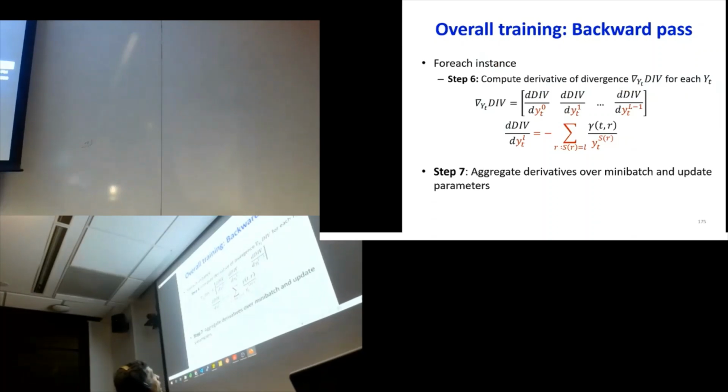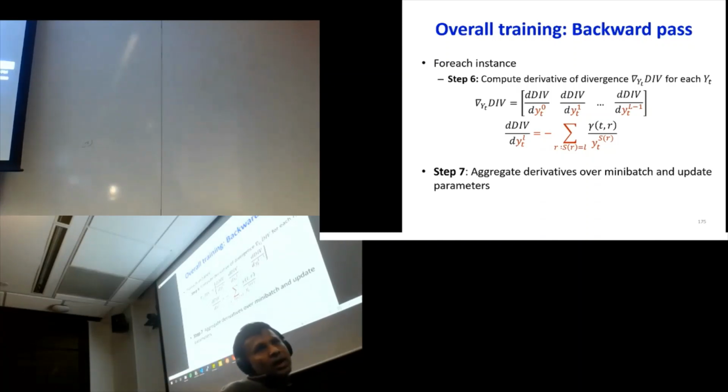And once you have the derivatives, which, as we saw earlier, is simply the vector of derivatives of the divergence with respect to the probabilities assigned to each symbol, you can aggregate the derivatives over the mini batch and update the parameters.